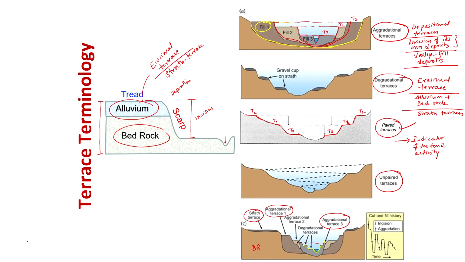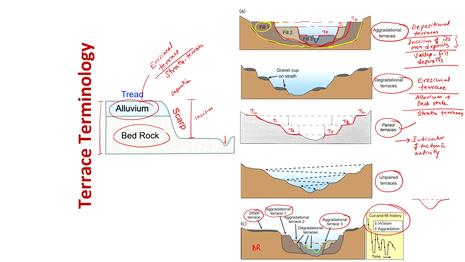even though they have their own deposits inside, there was not a process which got completed, that is, the cut and fill process. So for example, if you say that this was the channel, and then the next phase was the fill phase.